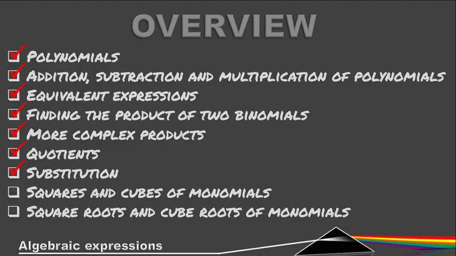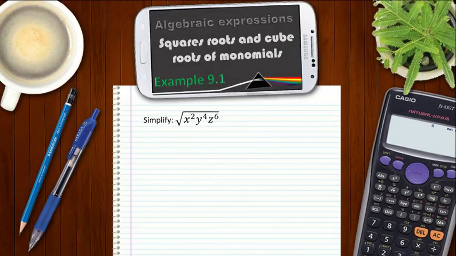Okay, so that was squares and cubes. And then finally, roots. Now when I take the square root of a base with an exponent, to take it out I simply have to divide the exponent by 2.